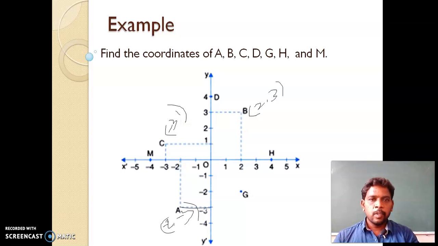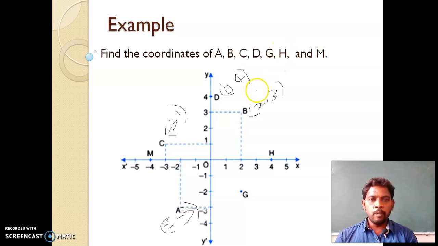And next D. So D is here, okay? So D is on the y-axis, right? On the y-axis, and here it corresponds to which one? In the x-axis it is not 1, 2, 3, 4 everything, but it corresponds to 0. So the value of x is nothing but 0 and the y value is nothing but 4, okay? So that point is nothing but 0 comma 4, the D value.